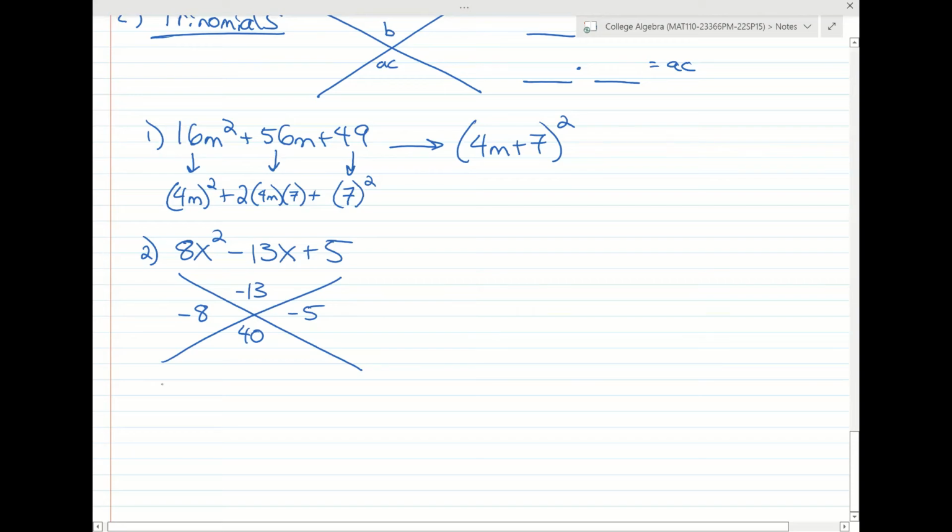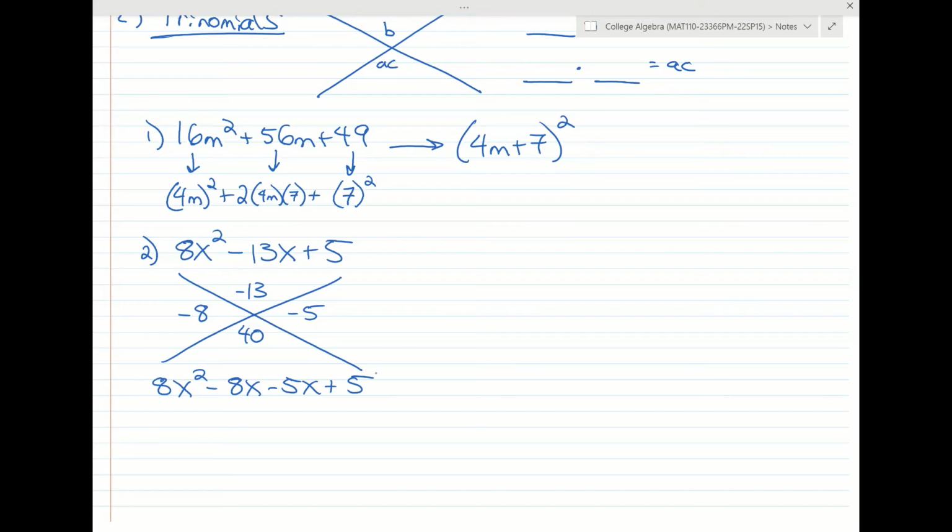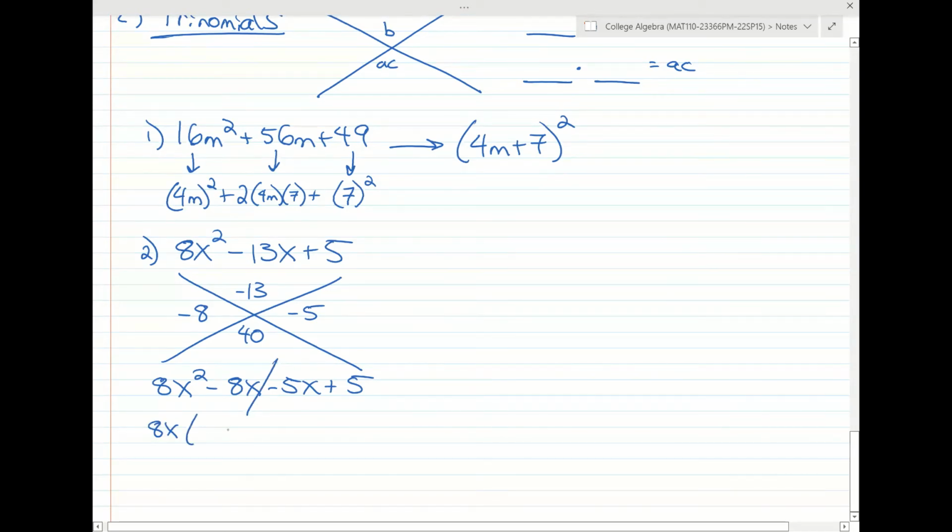So from here, we would say 8x squared minus 8x minus 5x plus 5. If you cut it down the middle, you could take out an 8x and you get x minus 1. You could take out a negative 5 and you get x minus 1. So factored, you would get the GCF times 8x minus 5.